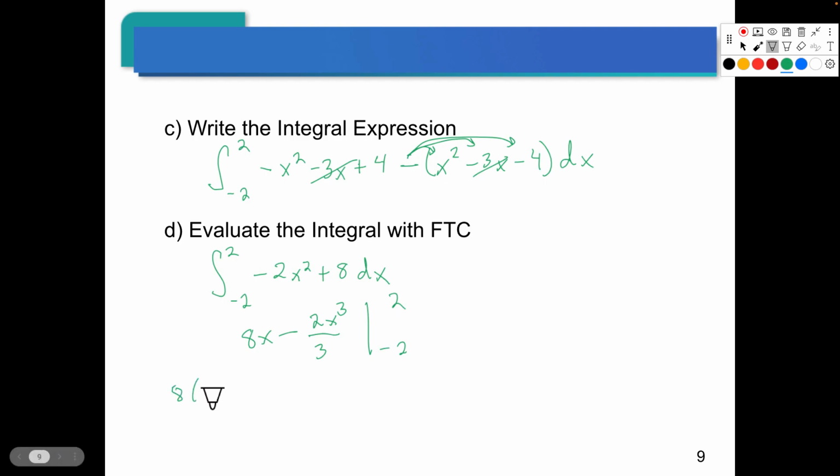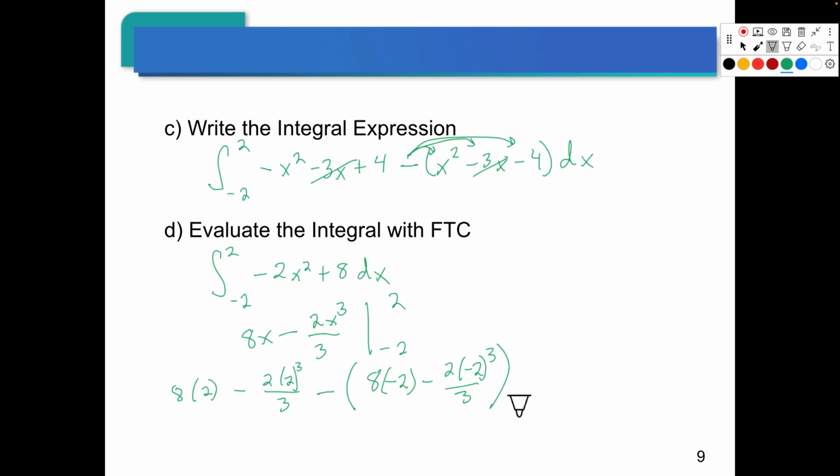So we get 8 times 2 minus 2 times 2 to the third power over 3. Notice how this one's going to be a little bit more of a calculation thing. And then we're going to subtract 8 times -2 minus 2 times -2 to the third over 3.